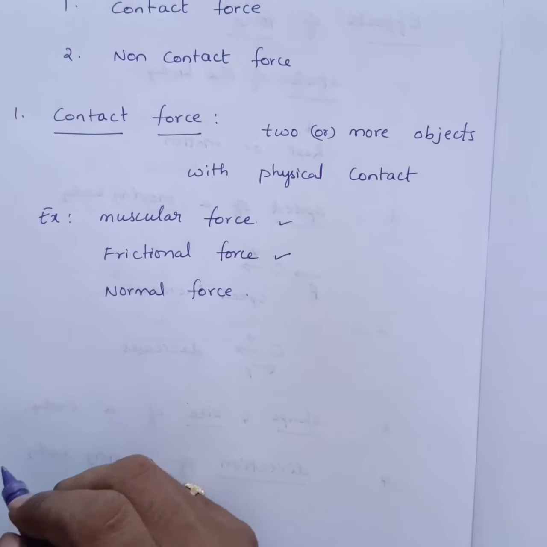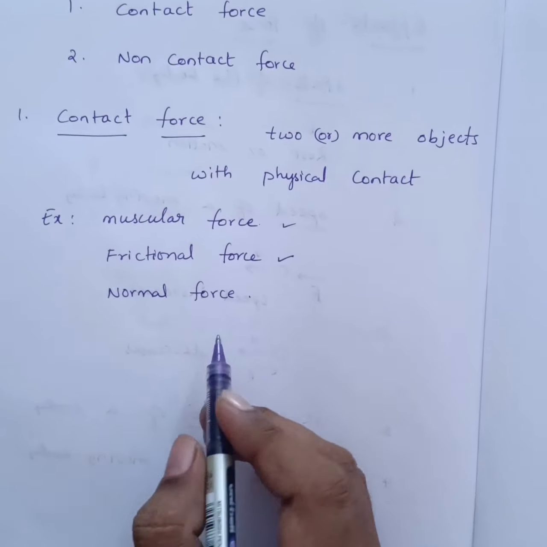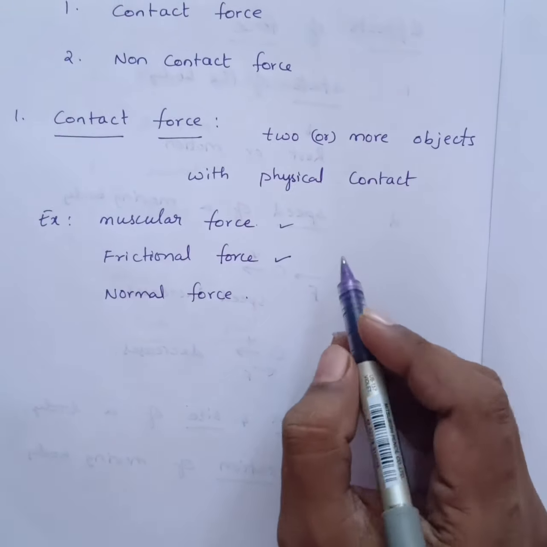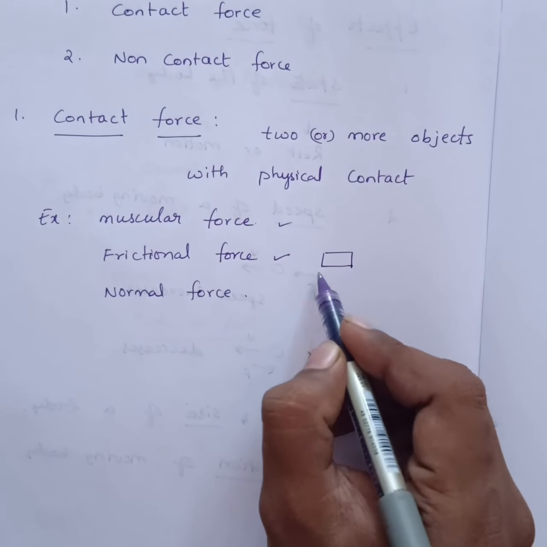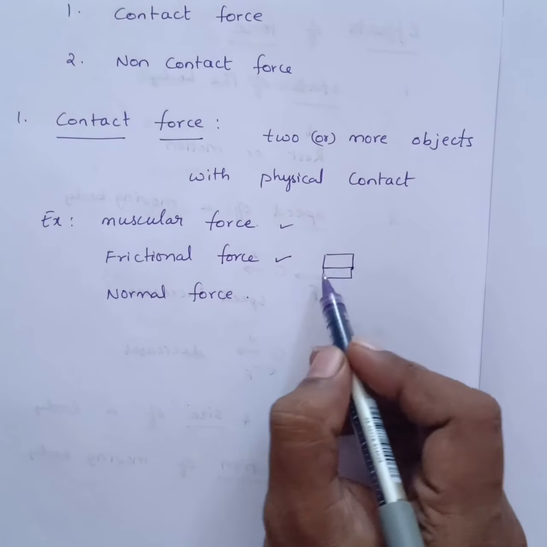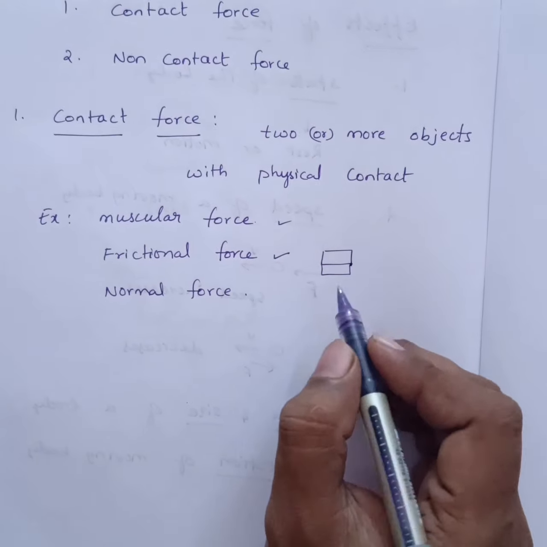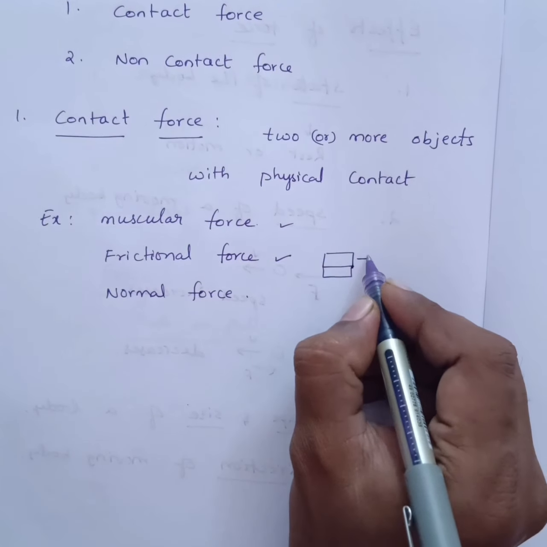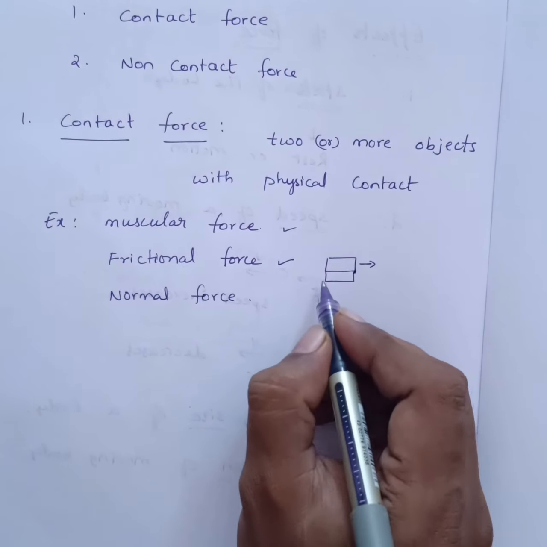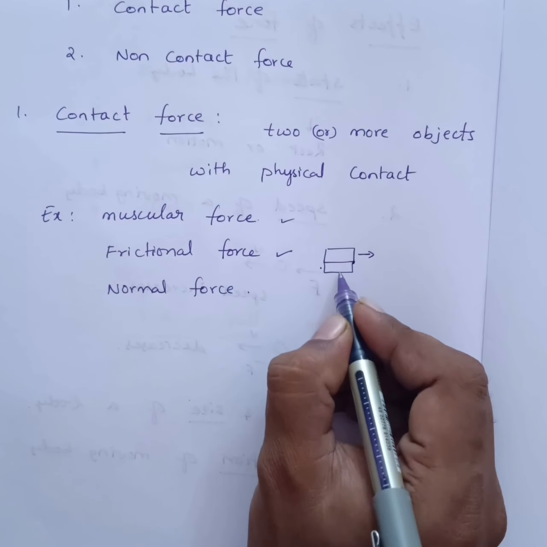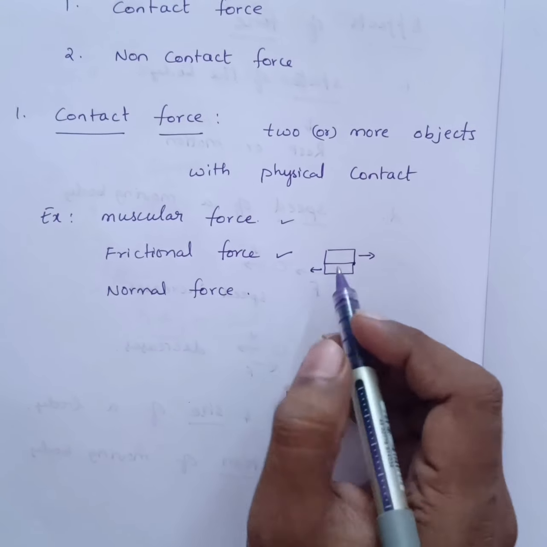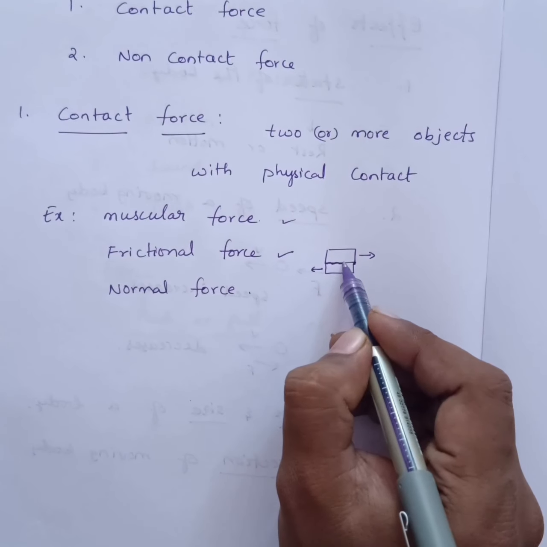Next, frictional force. When two bodies are in contact, and one is moving in one direction while the bottom one is either at rest or moving in the opposite direction, there is a relative motion between the two bodies.